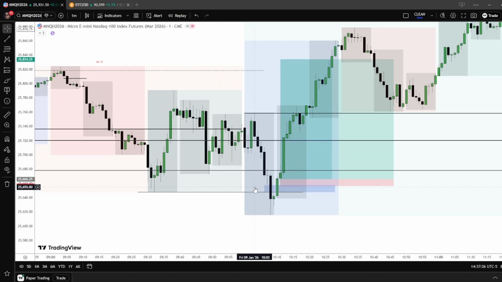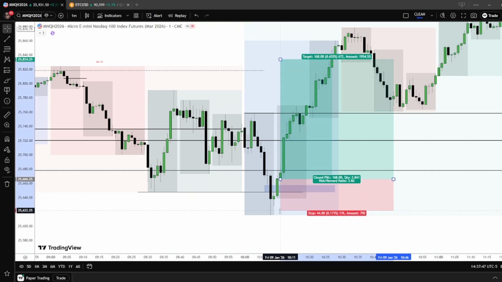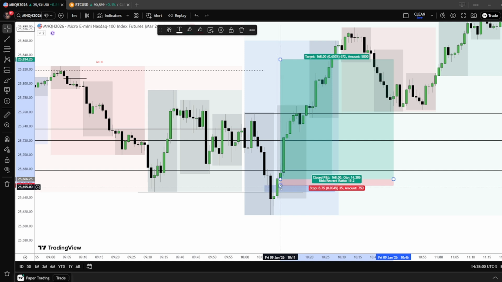Only because I know a lot about the breakaway gaps, and to be honest, in this video I will tell you everything I know about the breakaway gaps, so watch till the end. If I would put my stop loss under the protected low, look how much worse my risk reward is. So learning breakaway gaps is really life-changing, guys.